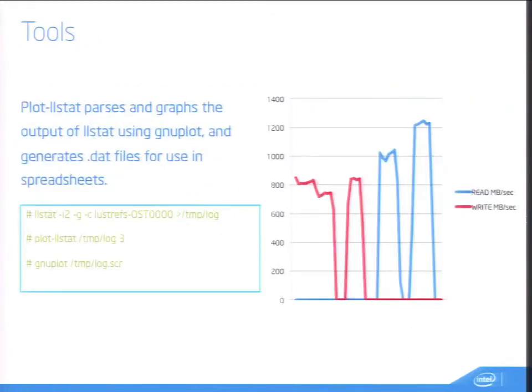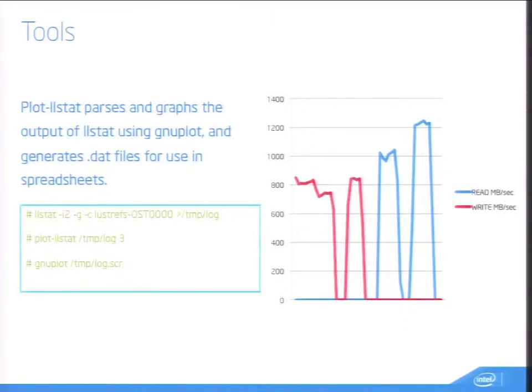We have talked a lot about monitoring tools, but I want to show you something that is inside Lustre. The plot llstat is a very easy tool that is inside your Lustre installation.